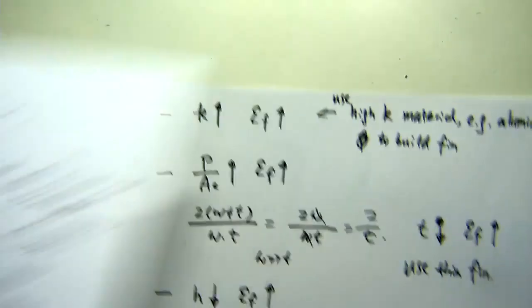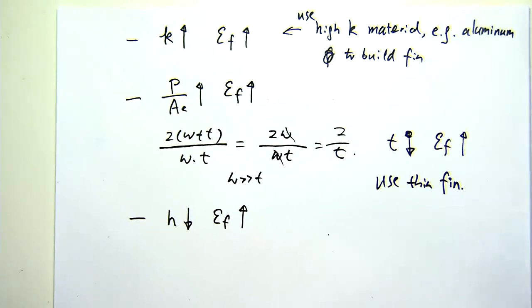Right, so this one is saying that if the heat transfer coefficient of your ambient fluid is smaller, then the fin will be more effective. This sounds a little bit strange. Is it? Because we know h is the convection heat transfer coefficient.